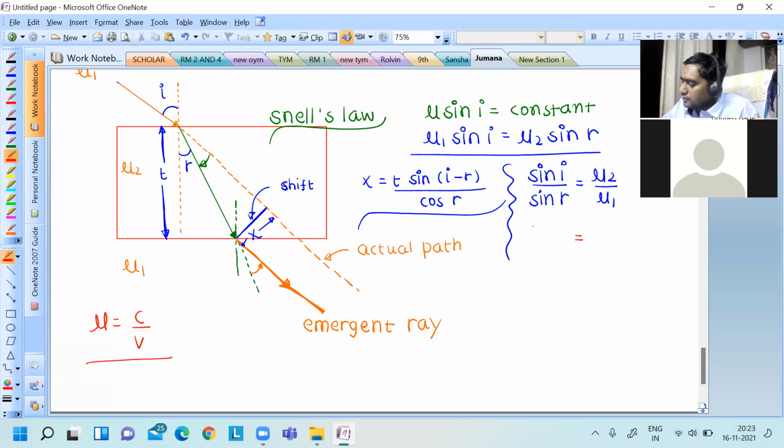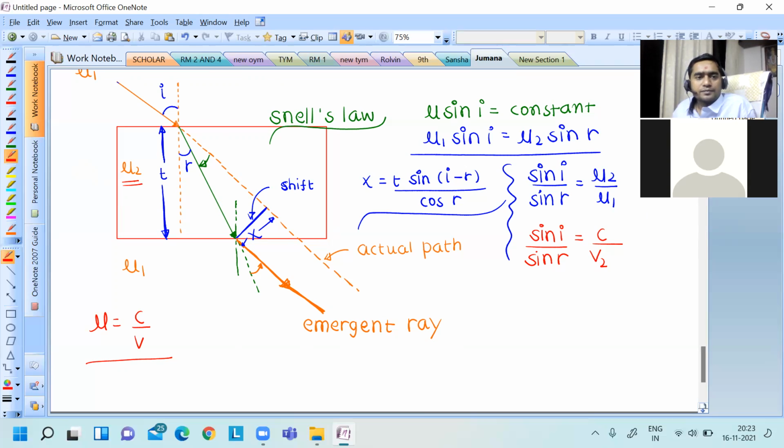So here it's sine i over sine r, mu2, that is c over v2, for mu2. What is mu2? Mu2 is the refractive index of the second medium. Emerging is the same medium, through this glass slab.